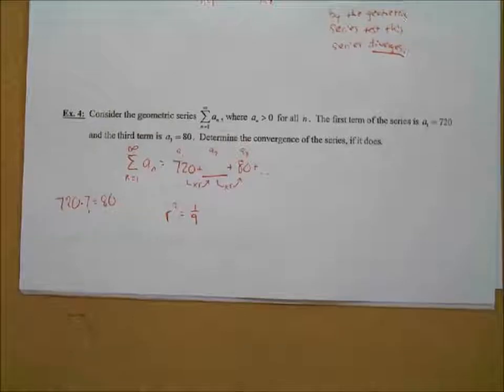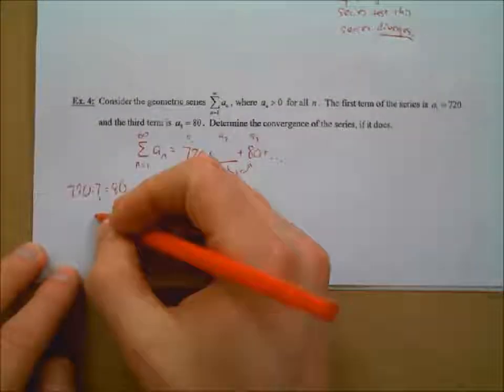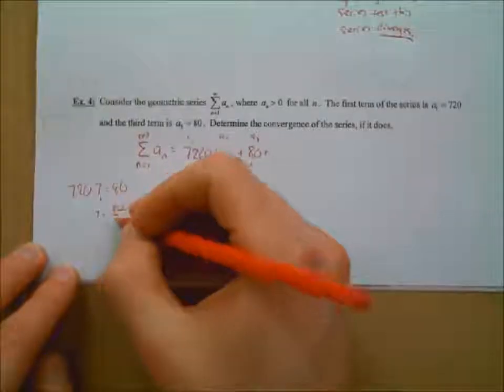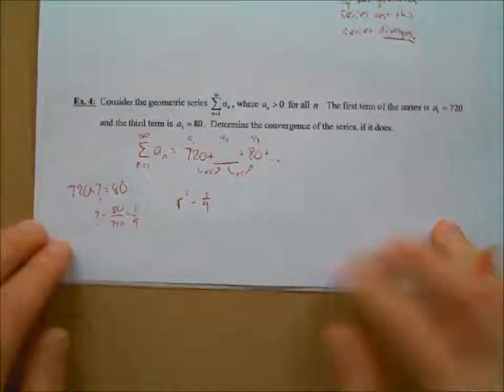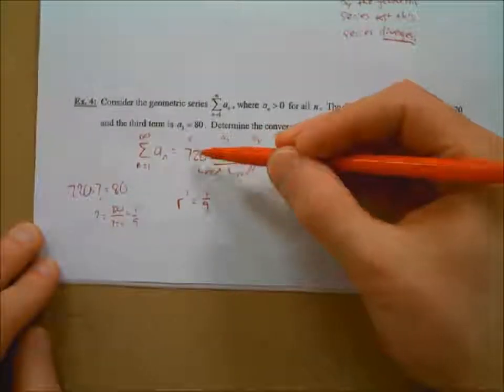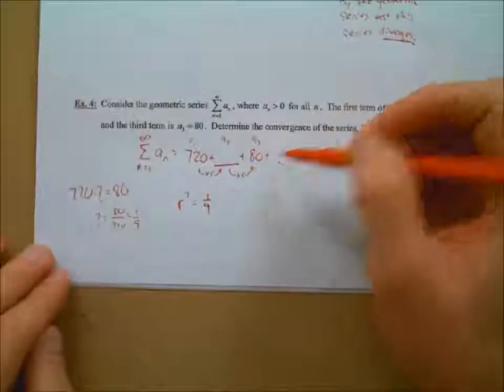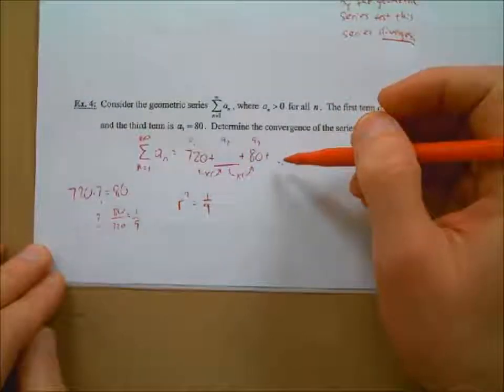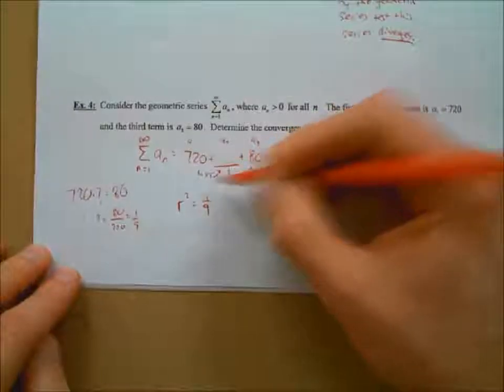What should we do to both sides here to solve? Divide by 720, and so that simplifies to 1/9. So when you're trying to figure out 720 times what gives me 80, it's a simple little math equation: 720 times x equals 80, so that means x has to be 1/9. But that's from 2 applications of the common ratio.